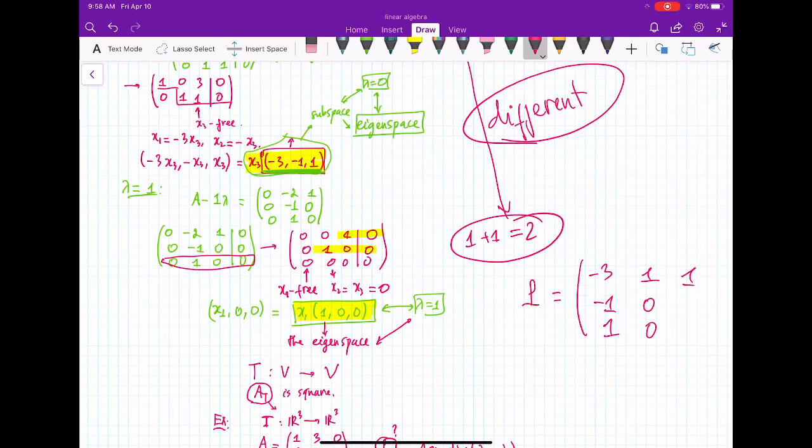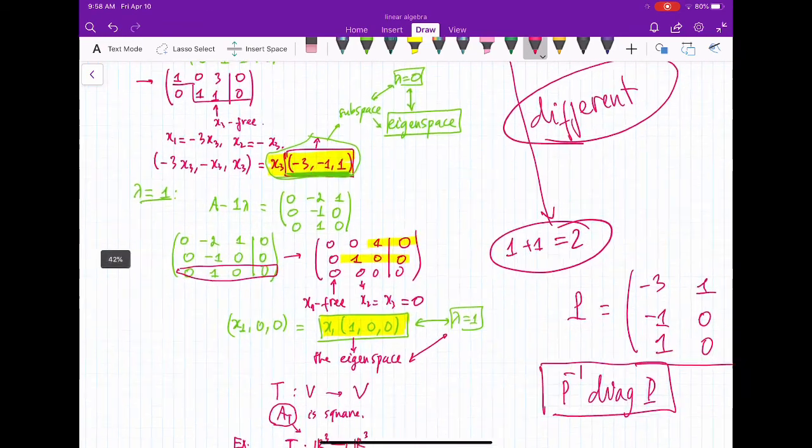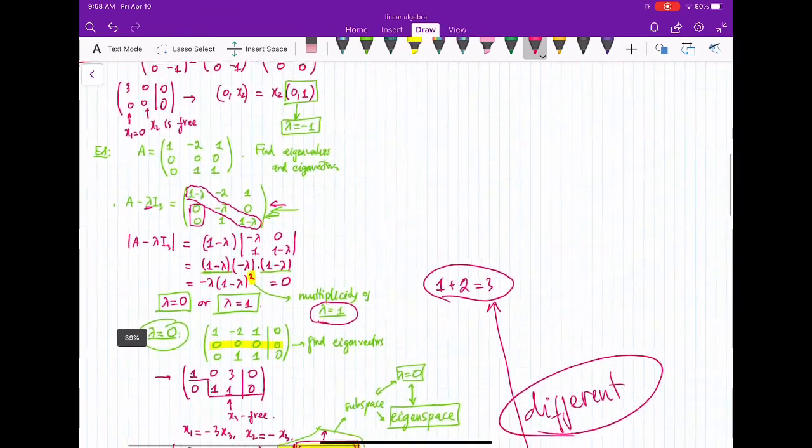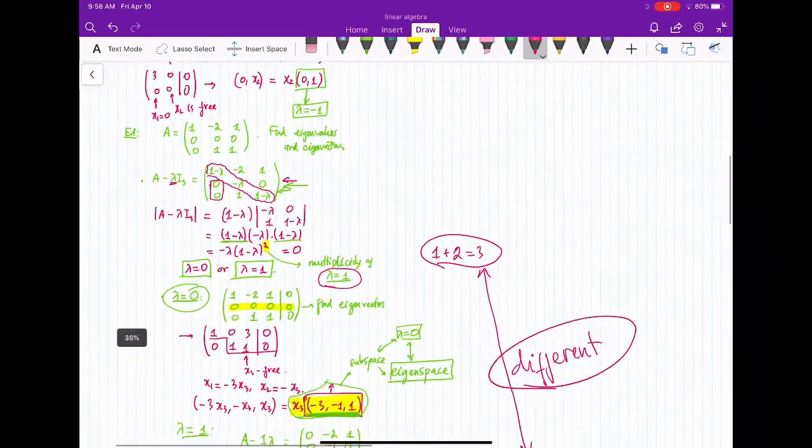It should be 1, 0, 0, right? There's no other choice. But you know, this matrix is not invertible. So there's no way to write P inverse A P diagonal. Make sense? So that is a big difference. In this situation, we say the matrix A is not diagonalizable. Okay, we will study in detail in the next video.